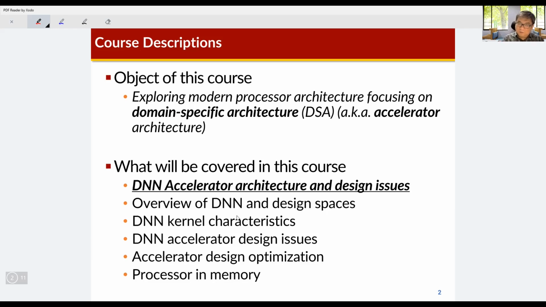That's also a very important topic, but it's a traditional topic actually. Recently, many academic researchers and industry researchers are focusing on a specific processor architecture called domain-specific architecture. Is it because the technology is changing?